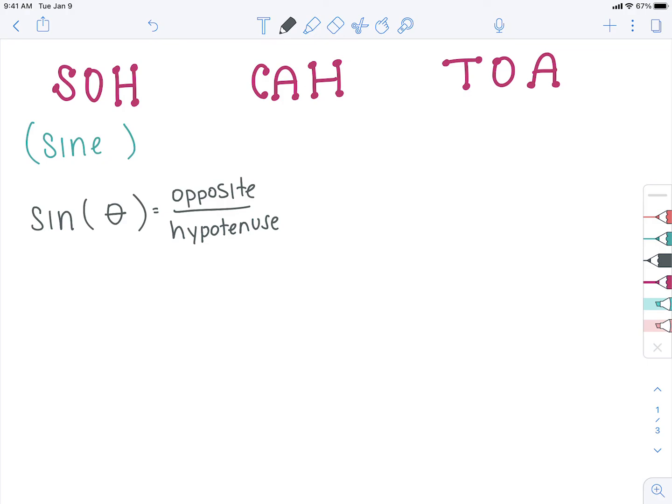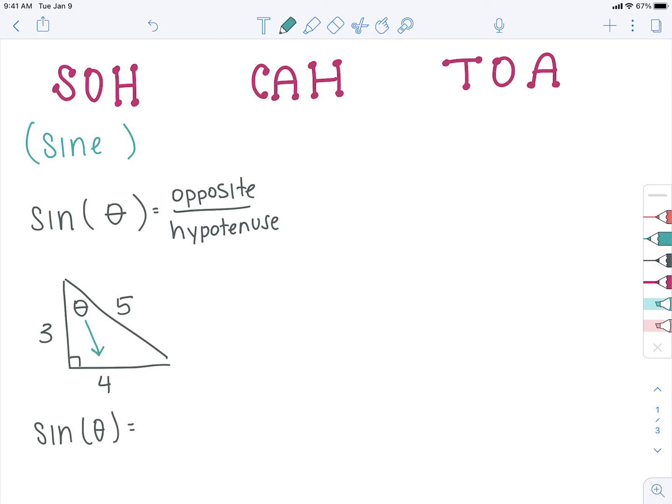Yes. So if we were looking at a triangle, and I was going to say that my angle was up here, I had a 3, 4, 5 triangle. That's one of my special right triangles. If I wanted to know the sine of the angle, sine is my opposite side, which opposite of my angle is 4.